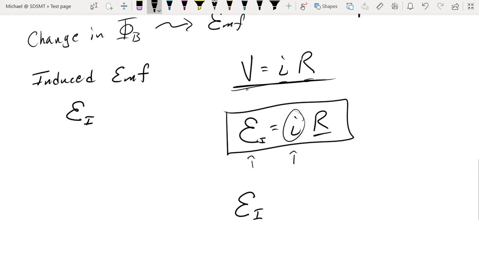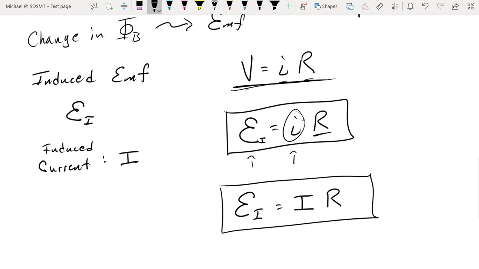But we're going to call that current induced current. This is current that is induced in the circuit, and we don't want to get this confused with a regular current, like little i. And so we're going to call induced current capital I.